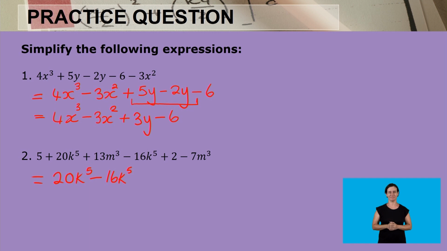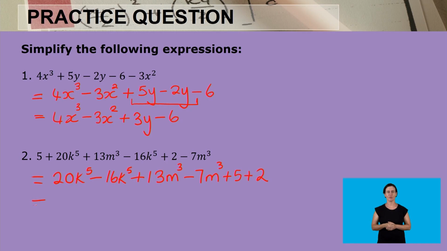So that 16 there is being subtracted. Then we have a 13m cubed that is being added with a 7m cubed that is being subtracted. Then lastly, we have our 5 and our 2 that are being added together there.